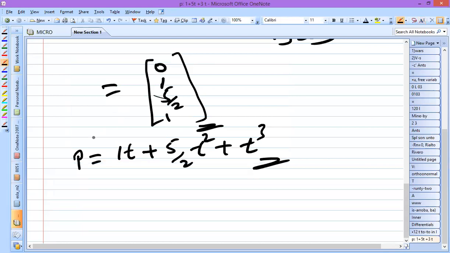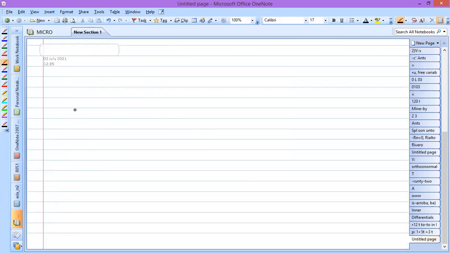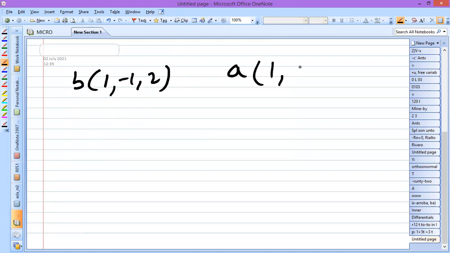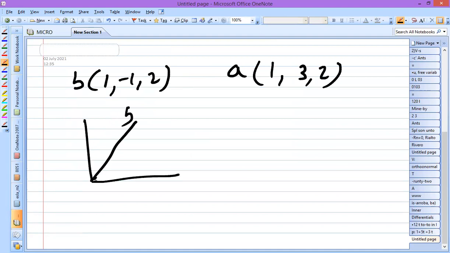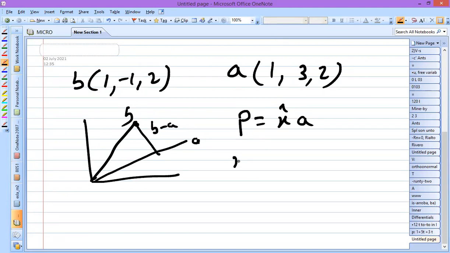Yes, we are given B with the elements 1, -1, 2, and it is drawn on the line A of 1, 3, 2. So B is a projection drawn on the line A. For this, we know that the projection is given by X into A, where X is some multiple.